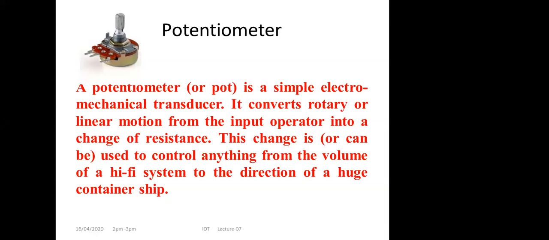Just forget about all those things. Here, one is positive, one is negative, and the one in between takes the rotation function. Whatever you rotate on this knob, how much you rotate, that value is reflected on the middle pin.